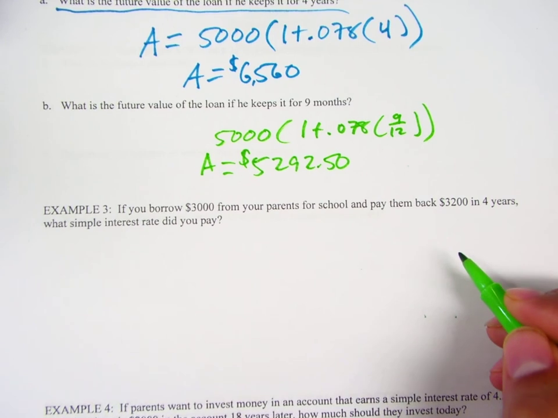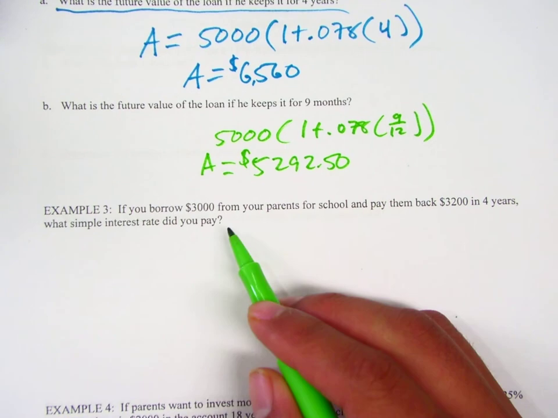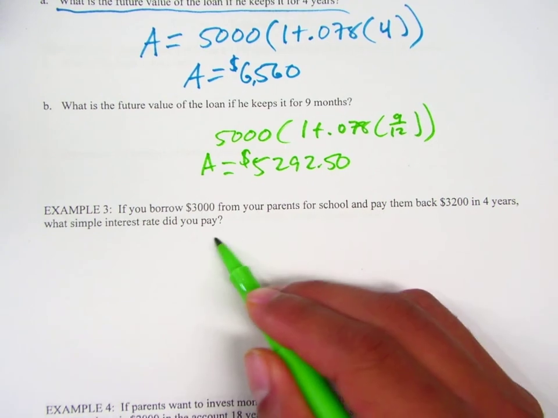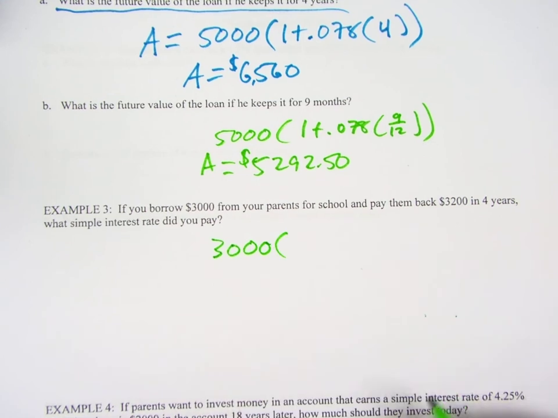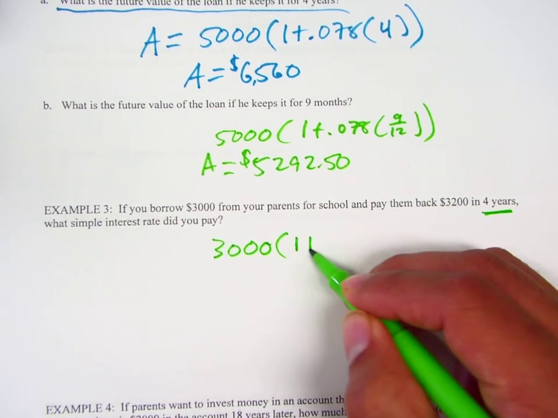Example 3. So we want to keep things as simple as possible. Start with the formula. Plug in what they give. So if we borrow $3,000, and this is a 4-year loan, 1 plus, they did not give me the rate.